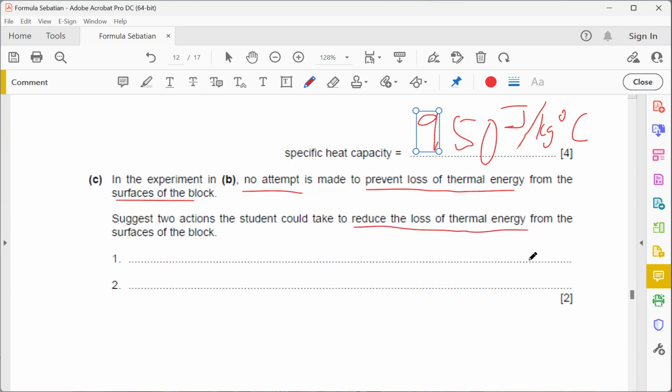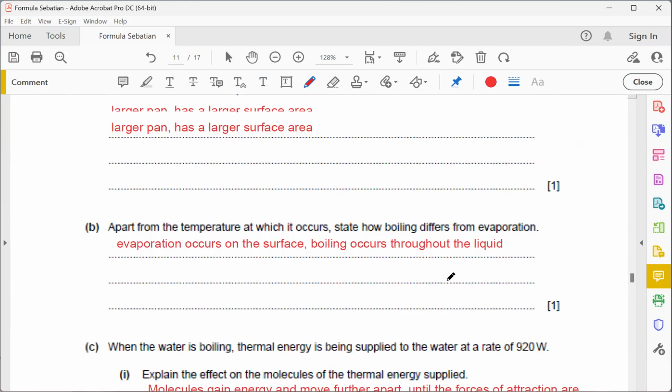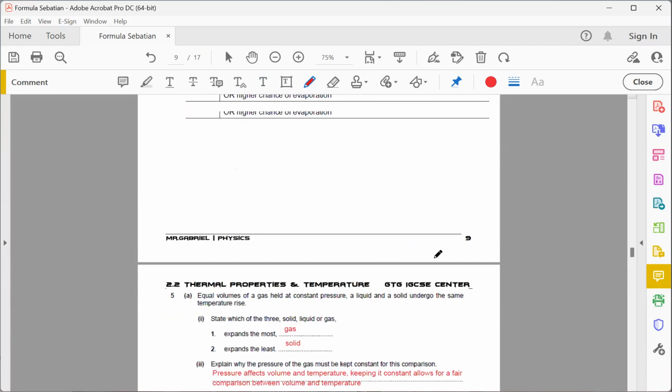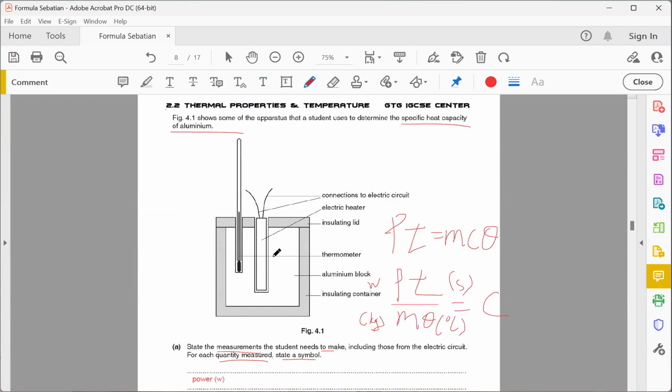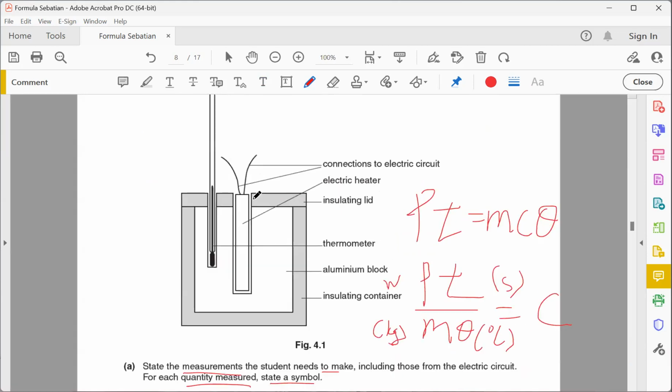First and foremost, you need to know why you need to reduce the thermal energy loss. In these kind of scenarios, pay attention, we're always assuming all the electrical energy supplied to this heater is only supplied to this block and then used to raise the temperature.